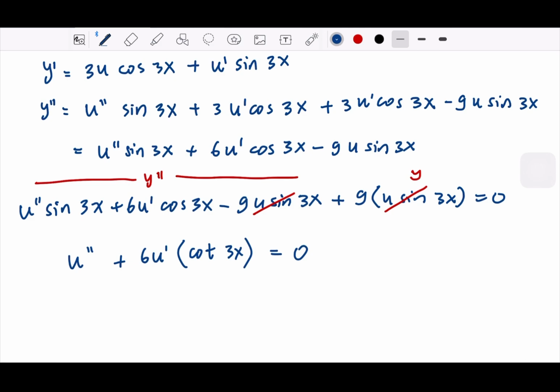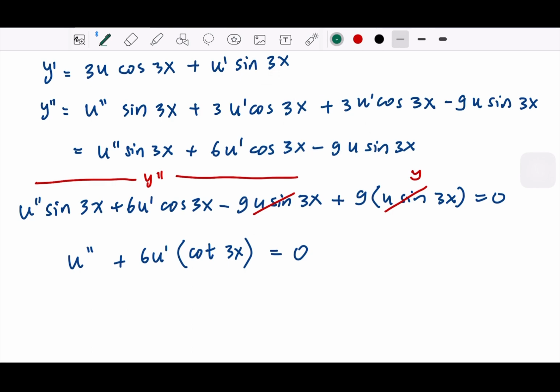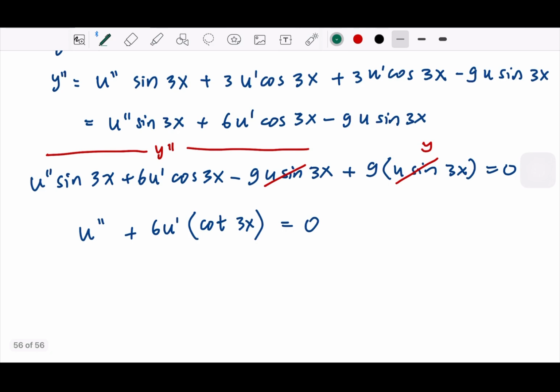Let's say another variable, w, or v, any variable you can think of. Let me just write w. So let w be u prime. So when we have w prime, it's u double prime.